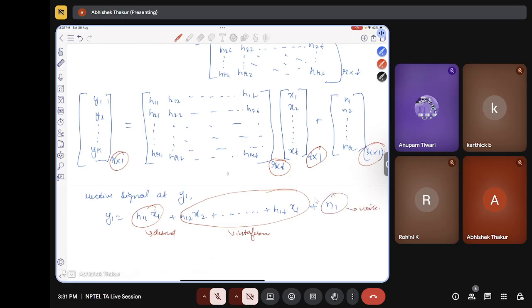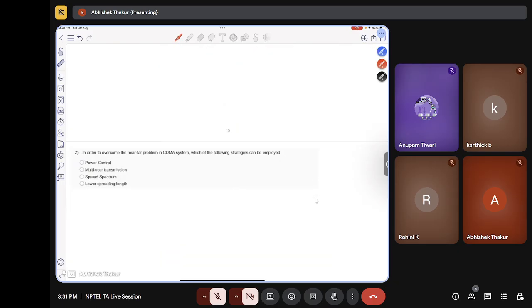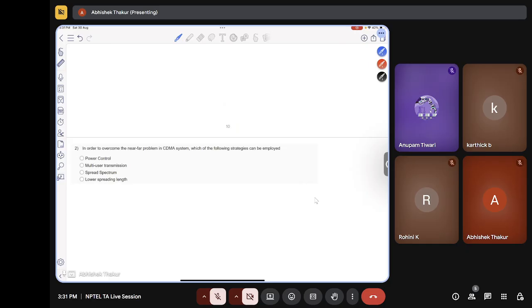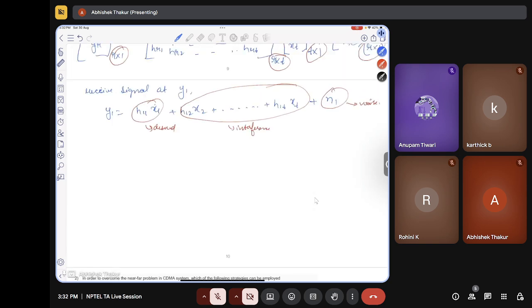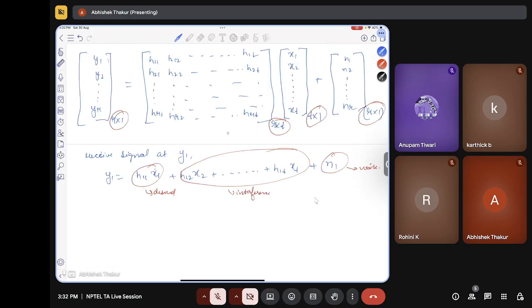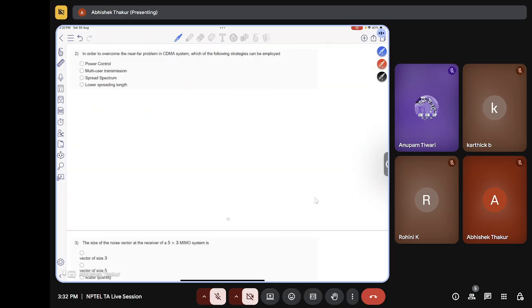Okay, so now let's solve some questions. We'll see the near far problem after a few minutes, but let's first solve some questions based on the dimensions of the MIMO system.